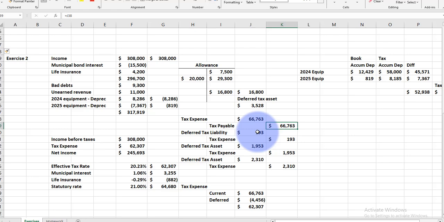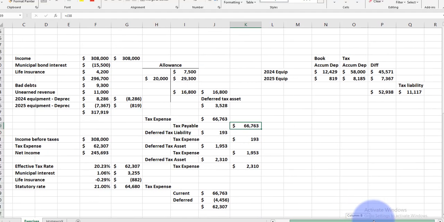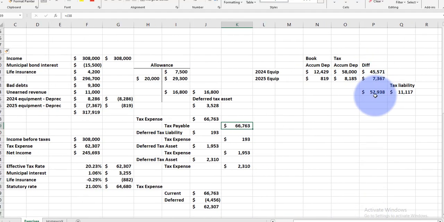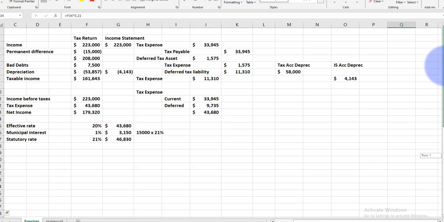All right. The deferred tax liability refers to our depreciation. So if we look at depreciation, the total difference of depreciation, and again, you could do these separately or together. We did it separately up here, but we're going to put them together when we make our journal entries. Okay. Is 52,938. 21% of that, you get the idea that always is 21%, right? Tax liability. We should have a deferred tax liability of 11,117, but we had a deferred tax liability of 11,310 last year.